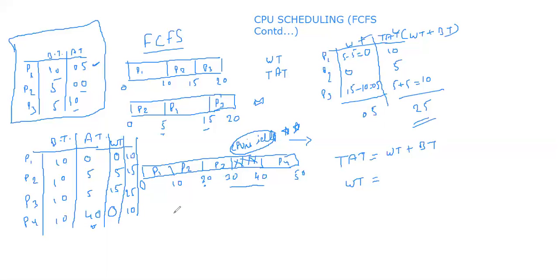Now, why am I focusing on this CPU idle thing? The reason is that you will not get this in your Galvin book. If you are studying with Galvin, most of your questions have the same arrival time.